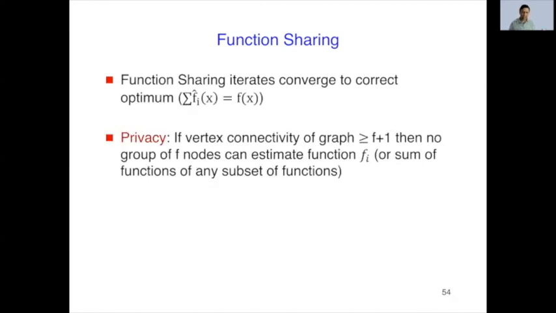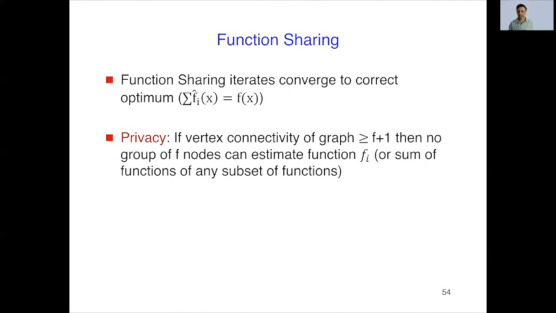The privacy here, this is what I was alluding to earlier. If all my neighbors are compromised, of course, I get no privacy at all. But what you can show is that if the graph, the network that the agents are connected by, has connectivity f+1, I think we called this the number of bad agents t earlier. Here I'm calling it f.